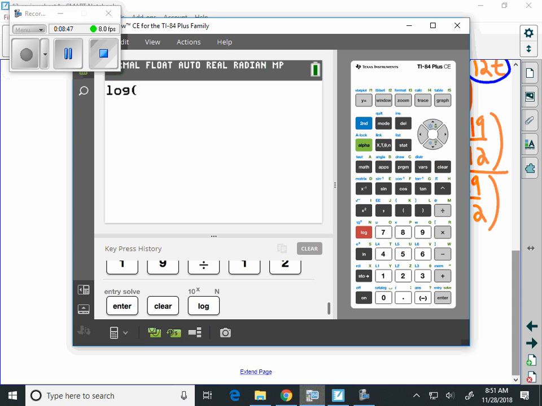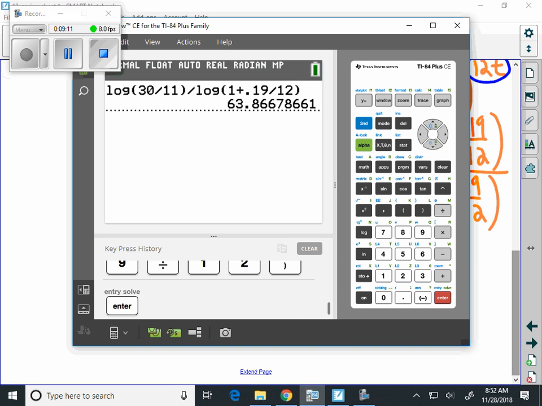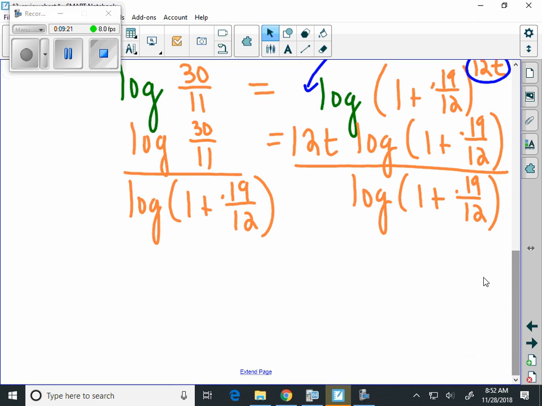Log of 30/11, close the parentheses, divided by the log of 1 plus 0.19 divided by 12. I'm going to get this big long decimal there. I'm going to write down a number, but we're going to have to use this number again. 63.866 is what I'm going to write down.